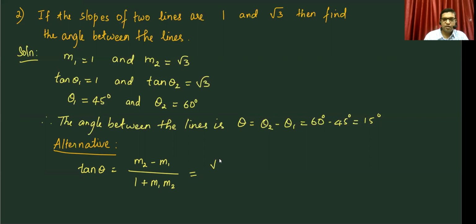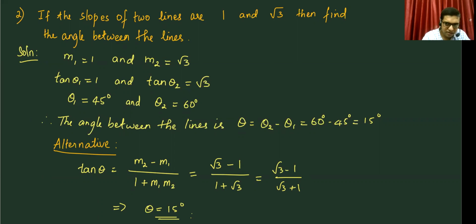This is root 3 minus 1 by 1 plus root 3, so root 3 minus 1 by root 3 plus 1. Later you will learn this is tan 15 degrees. But this was much simpler: theta 1 is 45 degrees, theta 2 is 60 degrees, so the difference between them is 15 degrees. Okay.